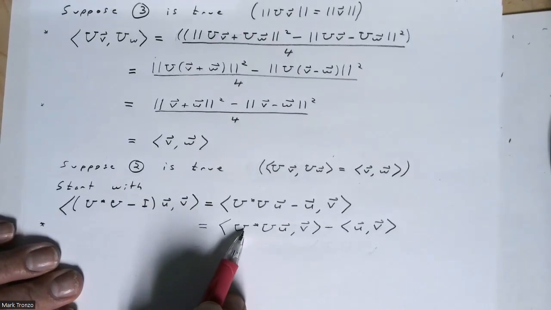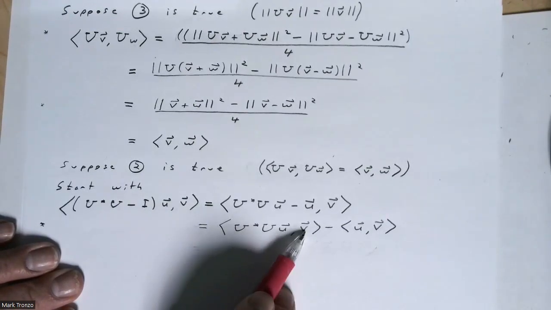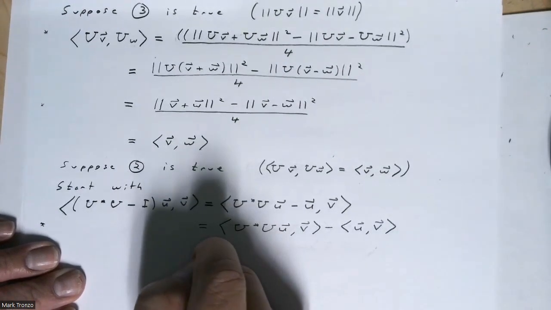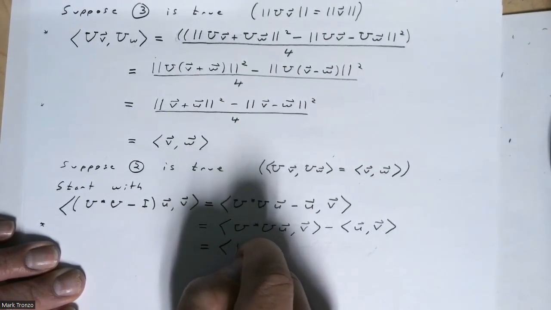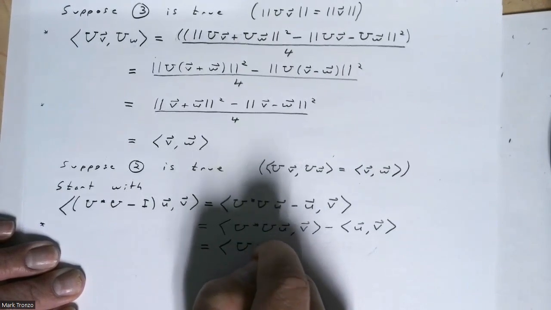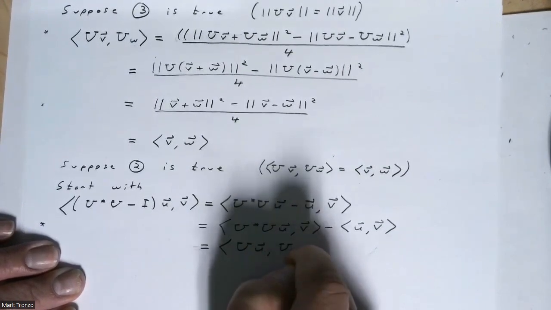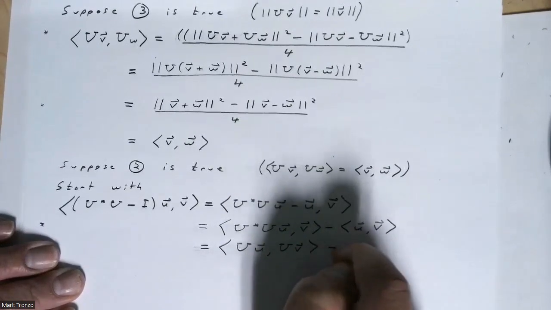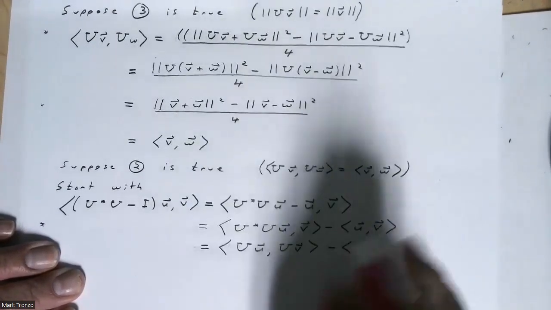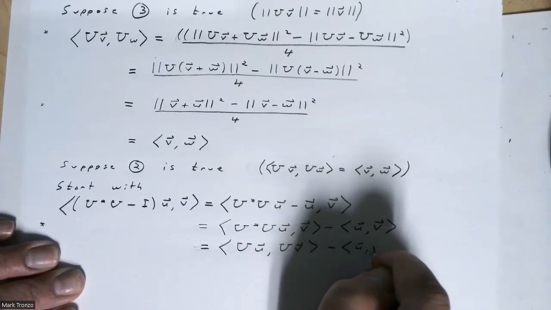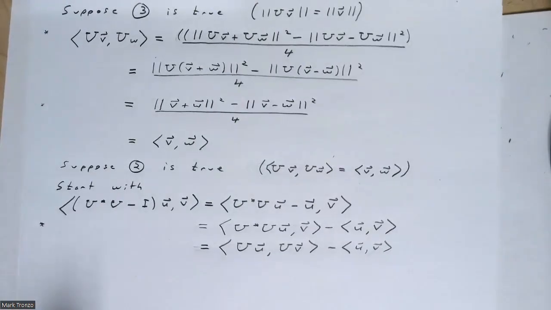Then again, by the definition of the adjoint, if we move it over here, the adjoint goes away. All I did here was just do the opposite of what we usually do. Remember, if we bring this over here, we have to make the adjoint, but if we go backwards, bring it here, the adjoint disappears.